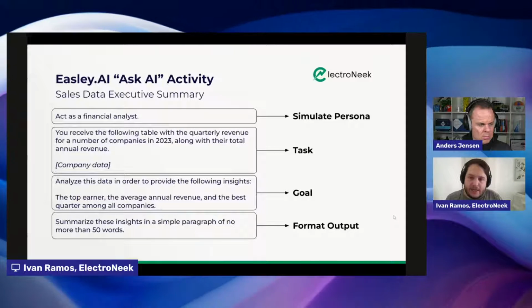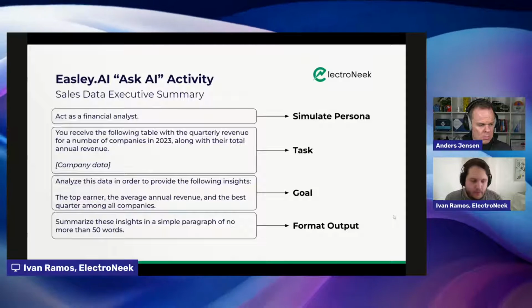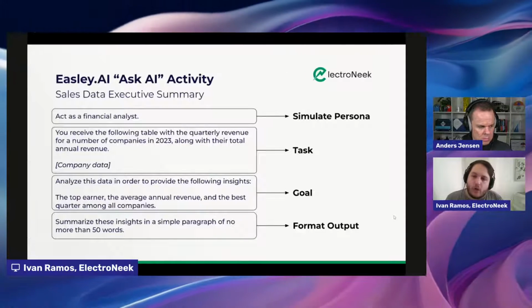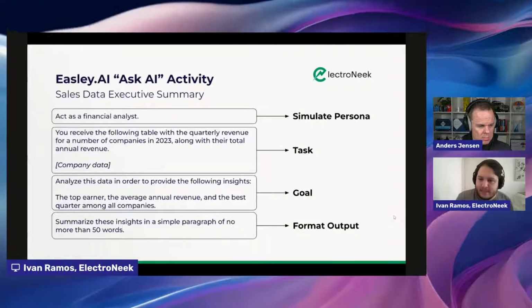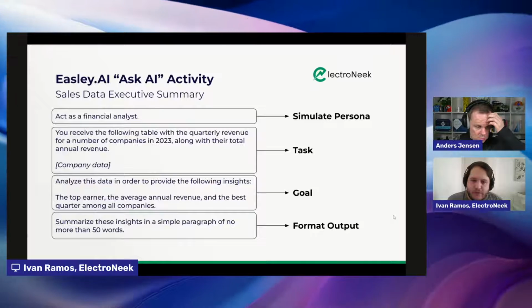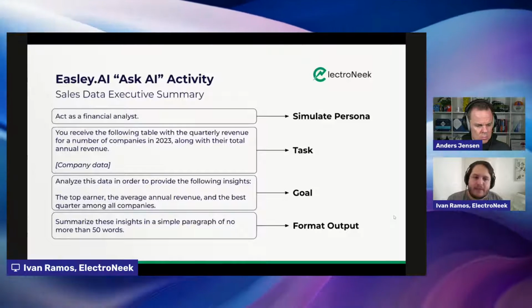We will include the data itself in that prompt, so the AI has the full context of what it is analyzing. And then the goal itself will be to analyze this data in order to provide a couple of insights: the top earner, the average annual revenue, and what was the best quarter if you add up all the companies. And then we actually format this output.